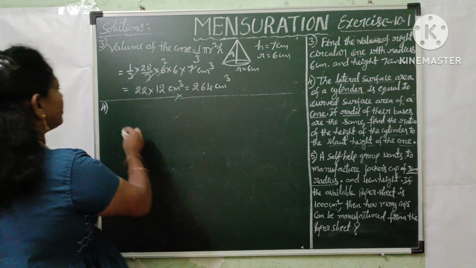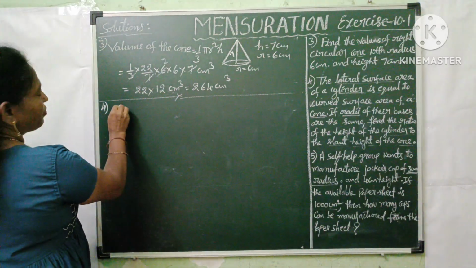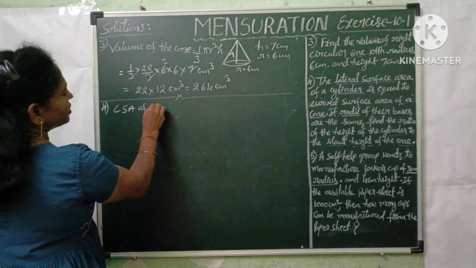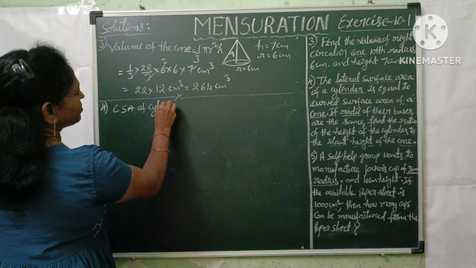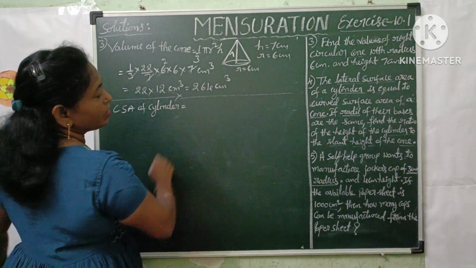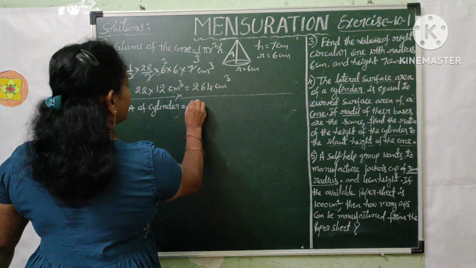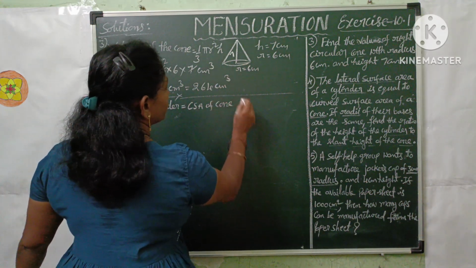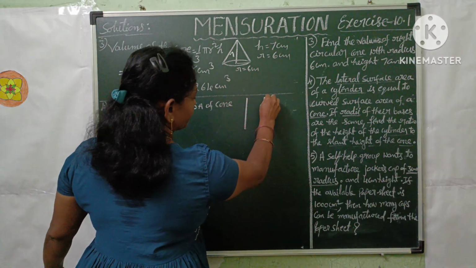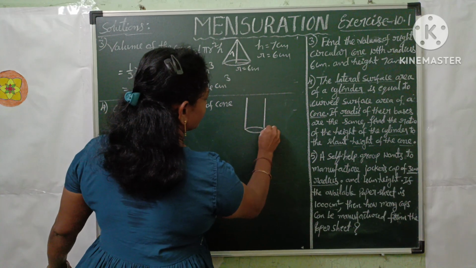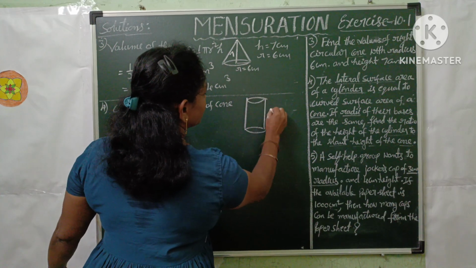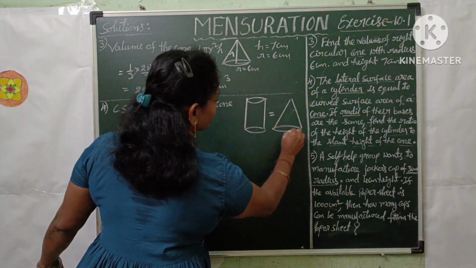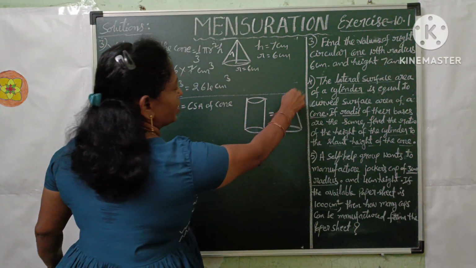As per the question we are writing: CSA of cylinder equal to CSA of cone. Okay. Right. Next.